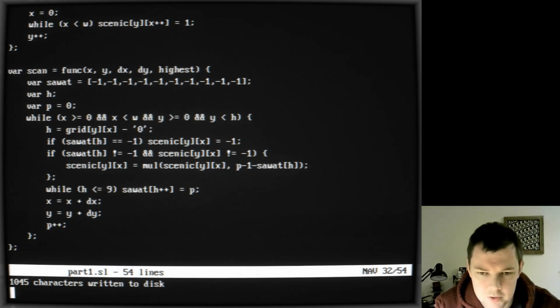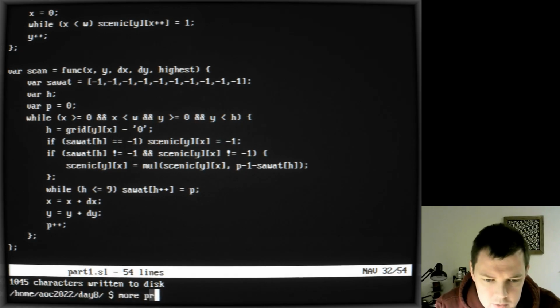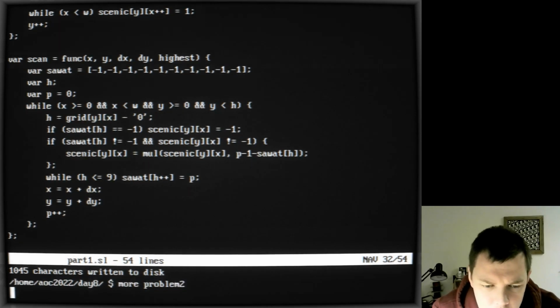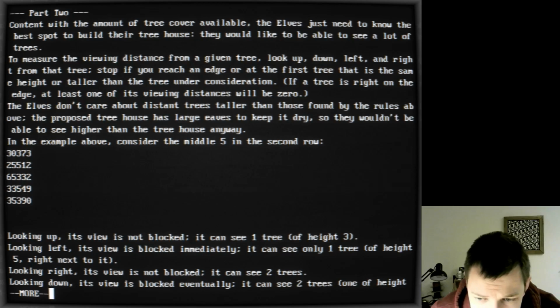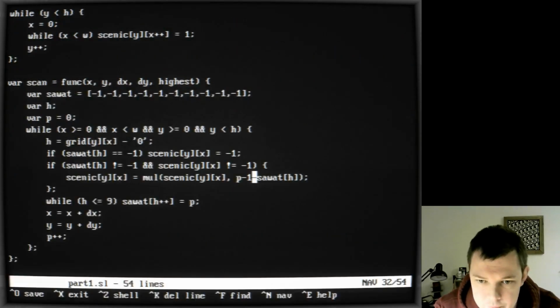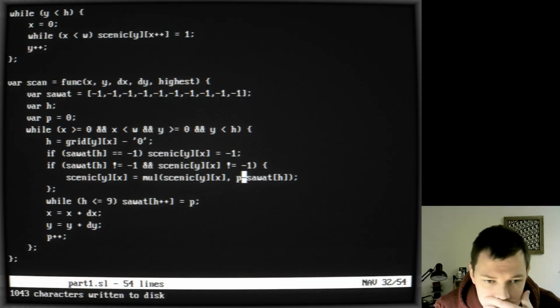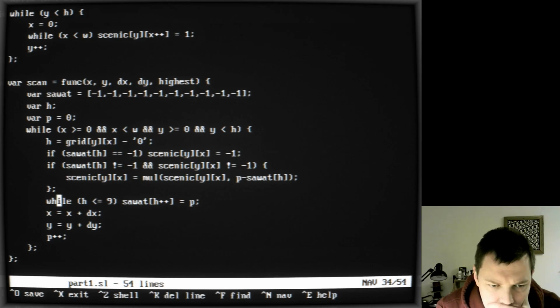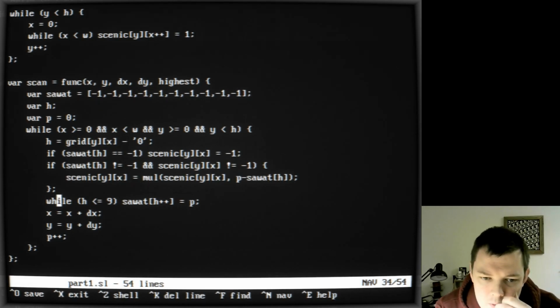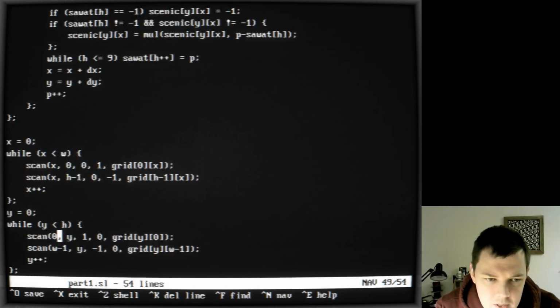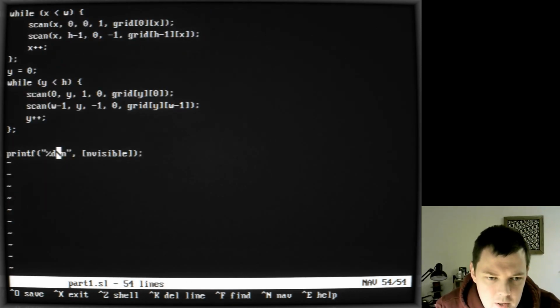If the next tree blocks you, does it count as 1 or as 0? Its view is blocked immediately, it can see only one tree. Okay. I think that might be it, and now we just need to find the largest value.